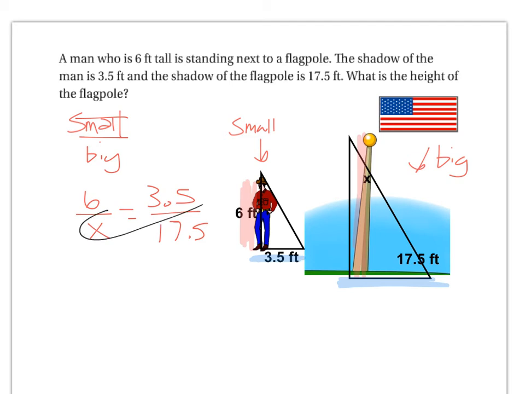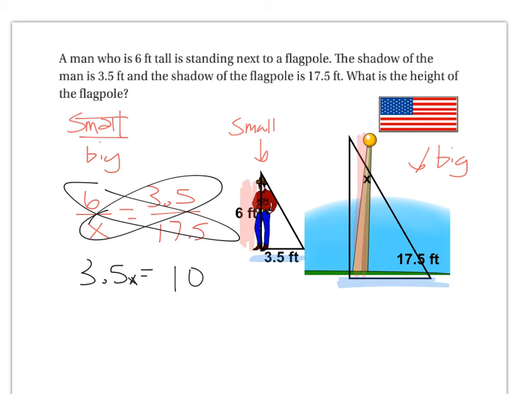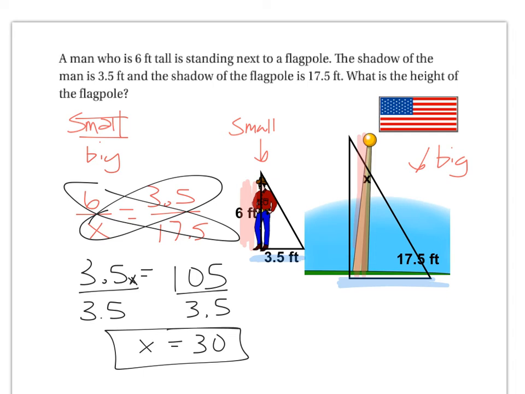So x times 3.5 is 3.5x, and then 6 times 17.5 gets me 105. Divide each side by 3.5, and you end up getting x equals 30. 30 feet for the flagpole, that seems pretty logical.